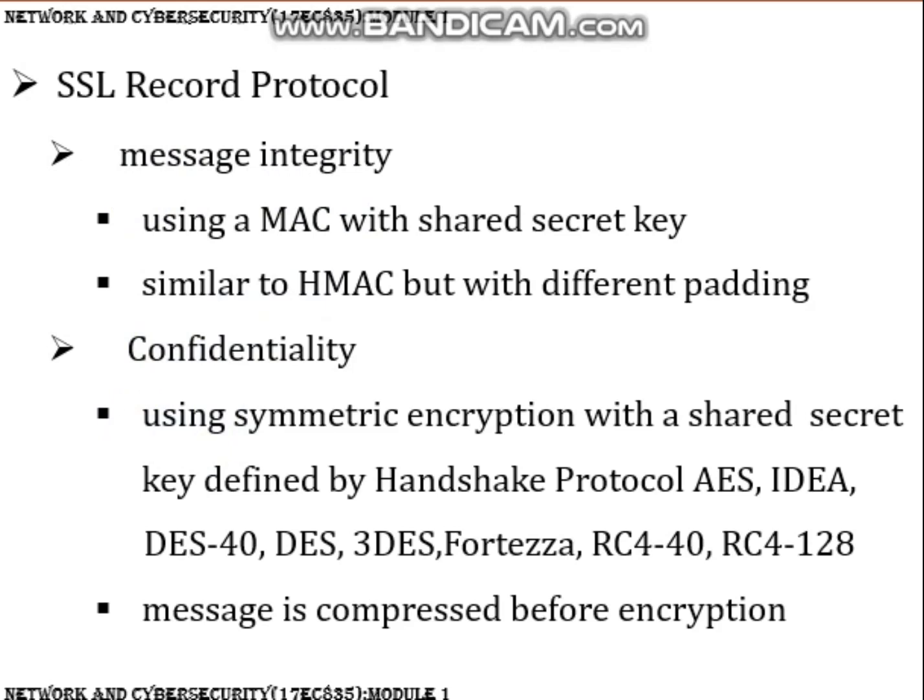Confidentiality: the handshake protocol defines a shared secret key that is used for conventional encryption of SSL payloads. Message integrity: the handshake protocol also defines a shared secret key that is used to form a message authentication code. In short, it is known as MAC.